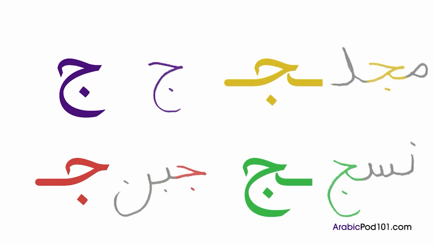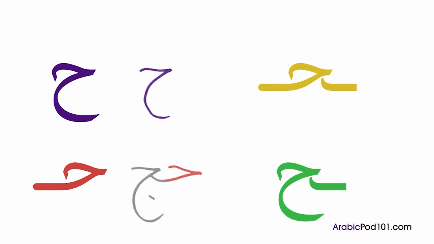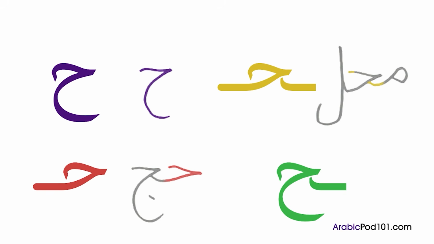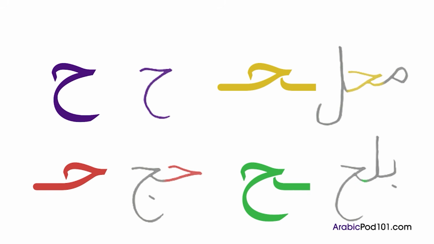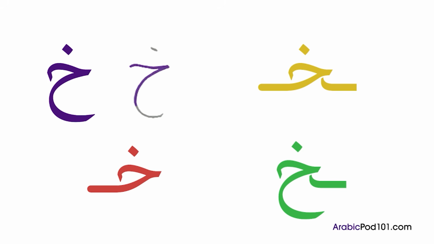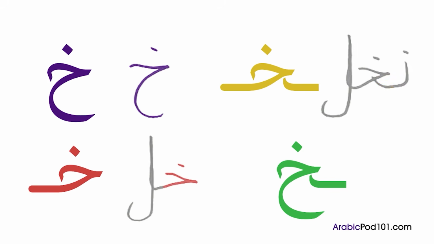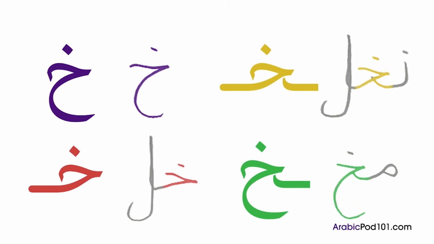Now let's check ha, isolated, initial, medial, final. Finally, we have kha, isolated, initial, medial, final. That's it for lesson 3. Next, let's review lesson 4.